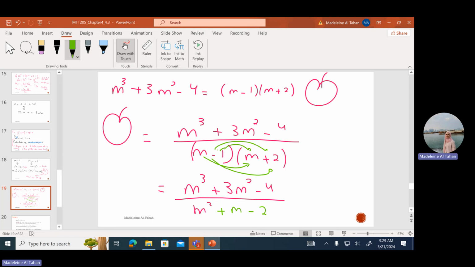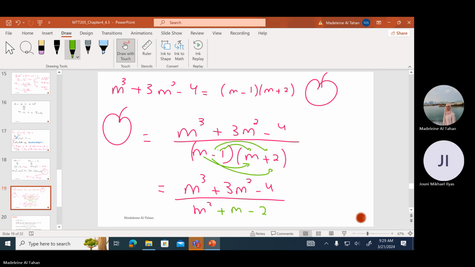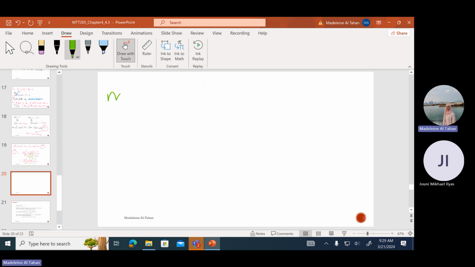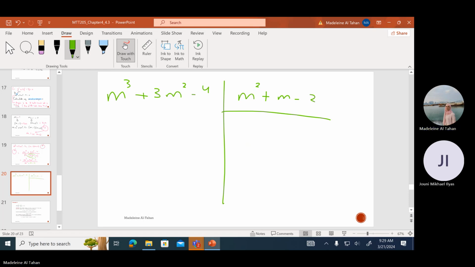Then we apply long division. So here we will put m cubed plus 3m squared minus 4. And here we will put m squared plus m minus 2.